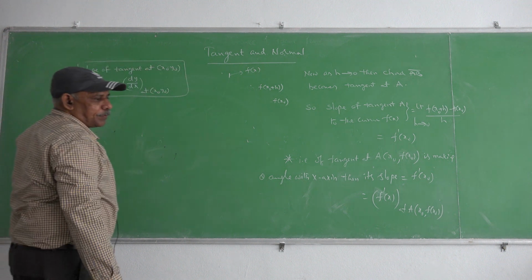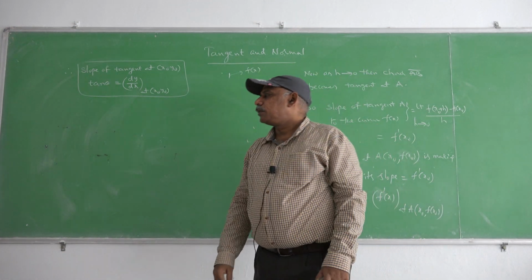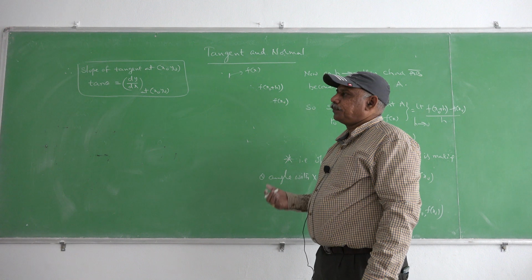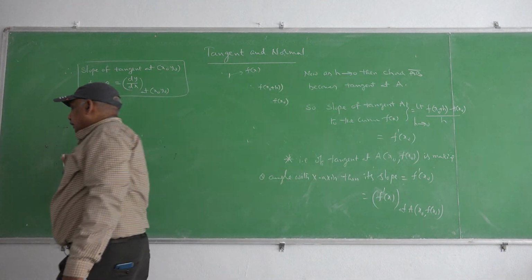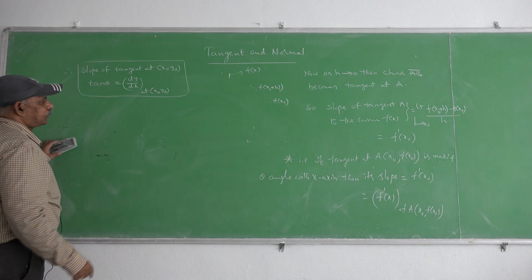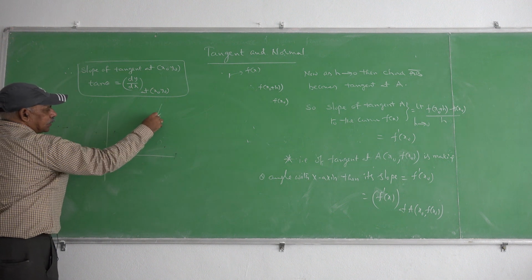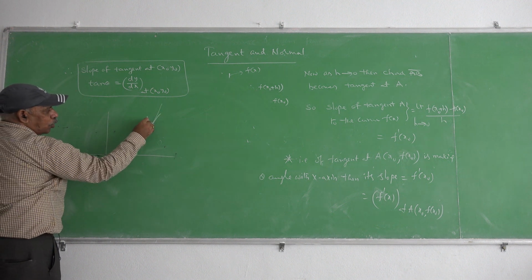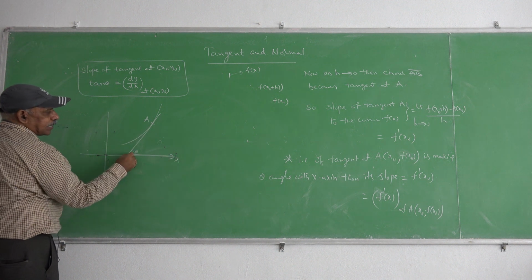So the derivative of the function gives us the slope of the tangent. The derivative of the function at a particular point gives us the slope of the tangent at that point. Once you draw the graph like this and consider a tangent at a point, this angle is theta with the positive direction of x axis.